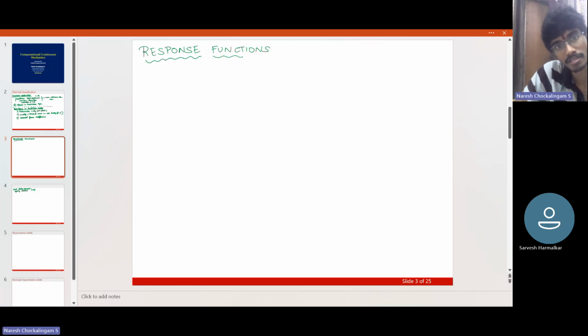What are response functions? Suppose we have the Cauchy stress sigma, and we want a relationship between sigma and, say, the left Cauchy-Green tensor B. Suppose we wanted a relationship between these two for closing this system of equations.